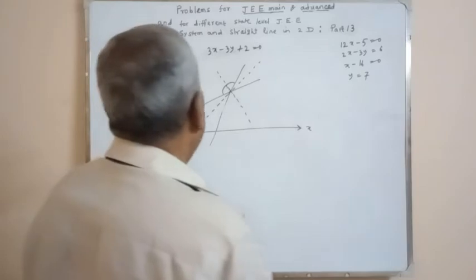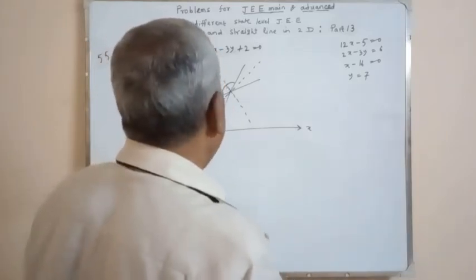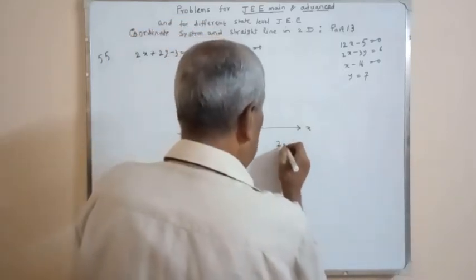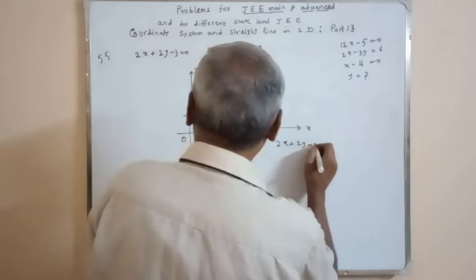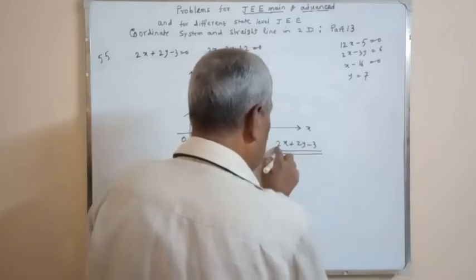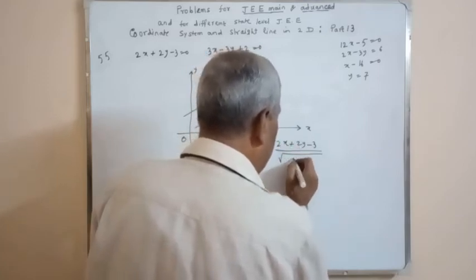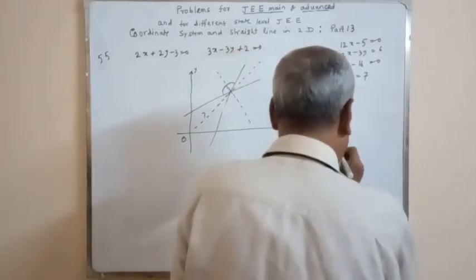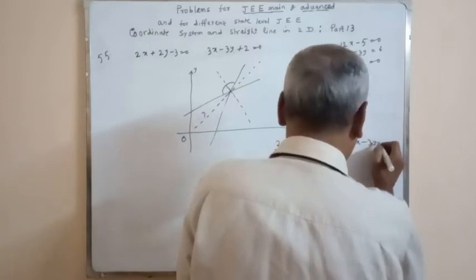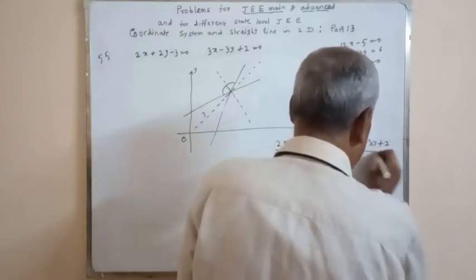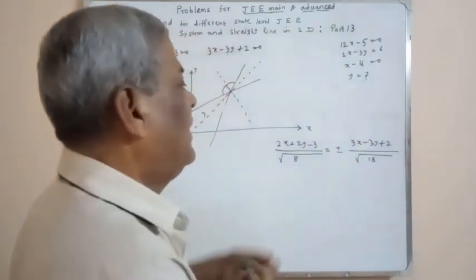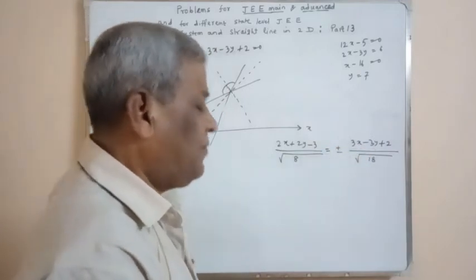We know that for two given straight lines, the equations of the bisectors are (2x + 2y - 3)/√(2² + 2²) = ±(3x - 3y + 2)/√(3² + 3²), that is √8 and √18.